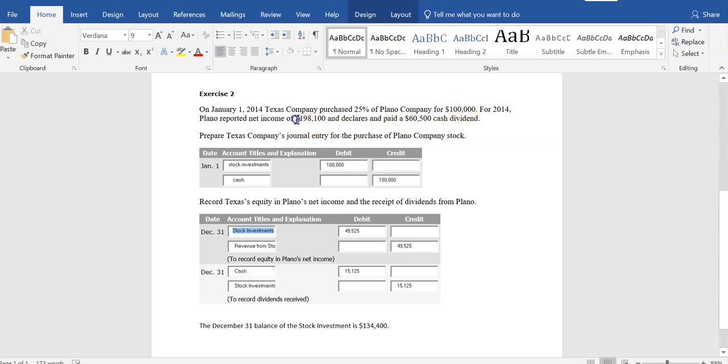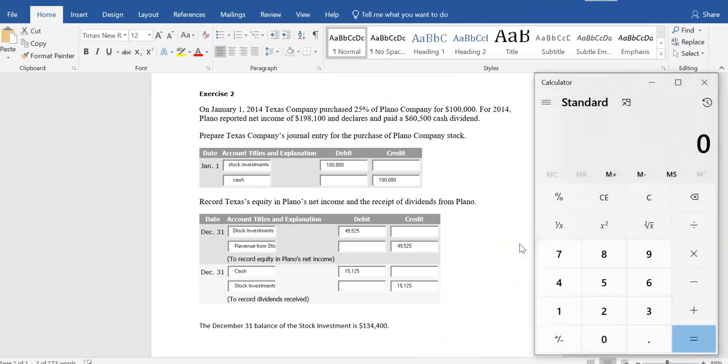Okay, because Plano reported $198,100 worth of income for the year, 25% of that income of $49,525 will increase the value of the stock investment to Texas Company.